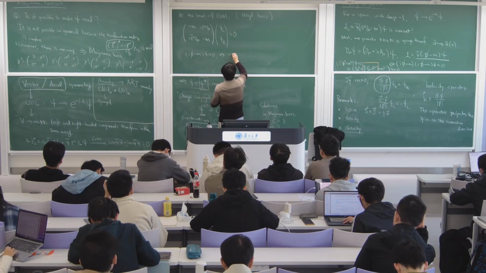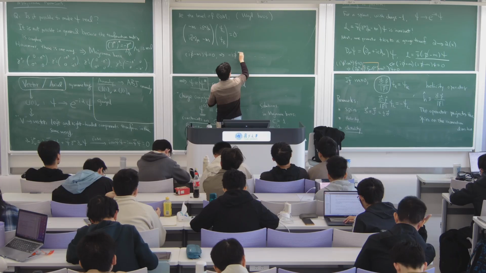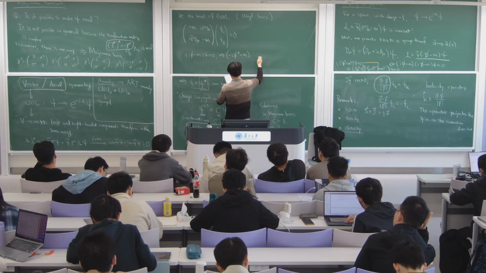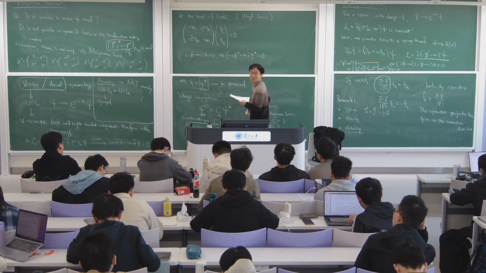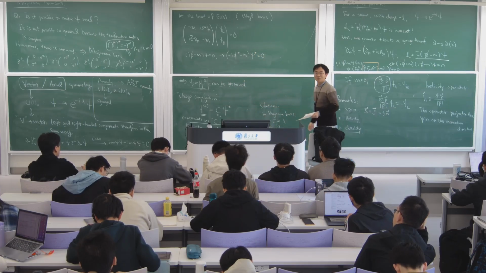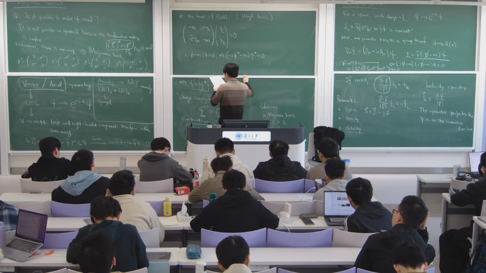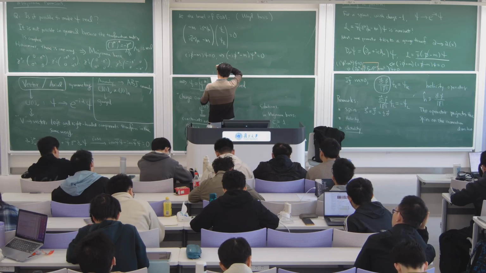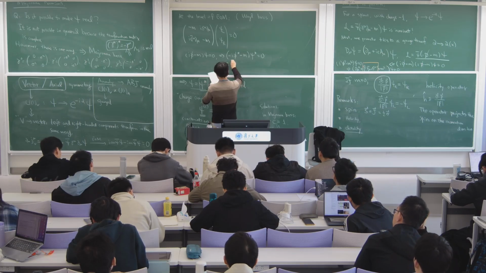Then I get (minus i partial slash star minus m) acting on psi star equals 0. Is that okay? This is for sure true, right? Now we multiply this from the left by a C, and this is still true.